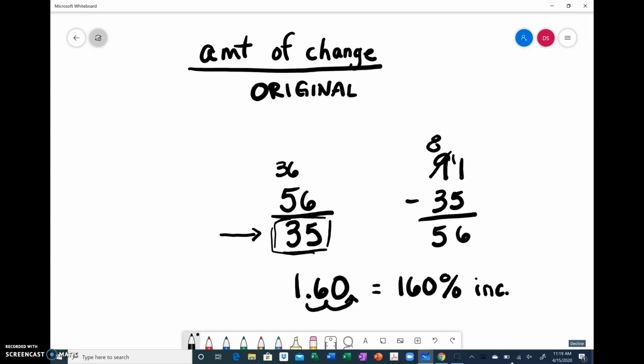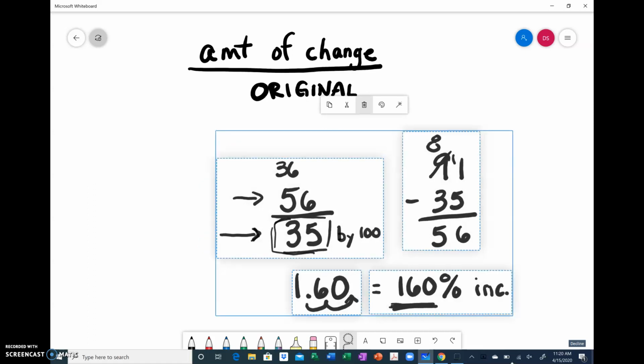Because to increase 35 by 100% would give us 35 again, okay? So I'm just trying to explain why, if the change amount in the numerator is higher than the original amount, your answer should reflect that in being over 100%. Hopefully this will come up again and I can go over it. I'm sure that was a little bit confusing.